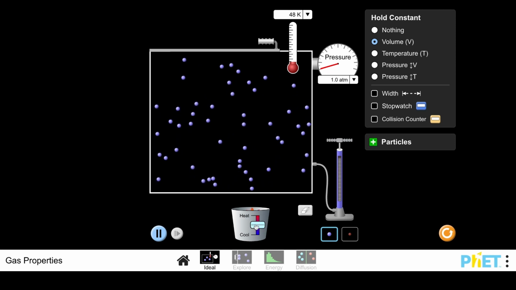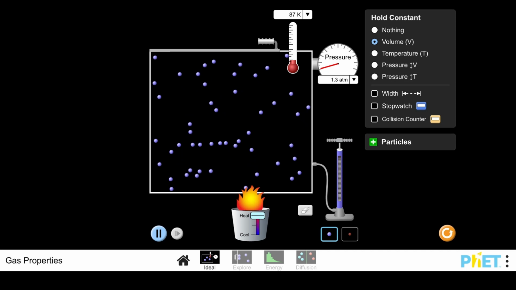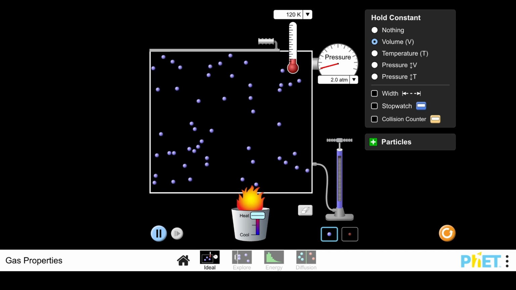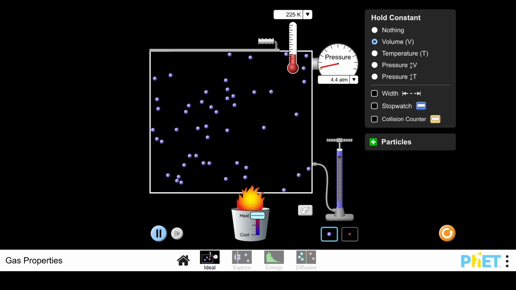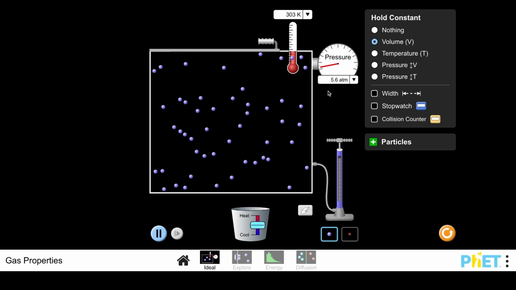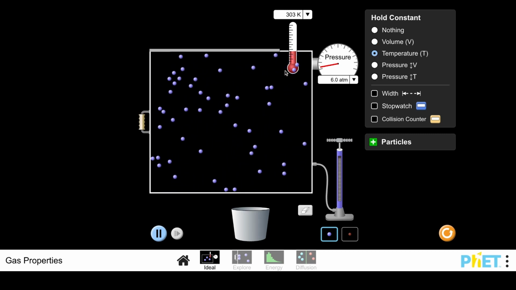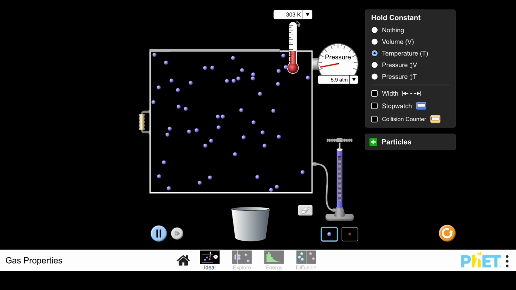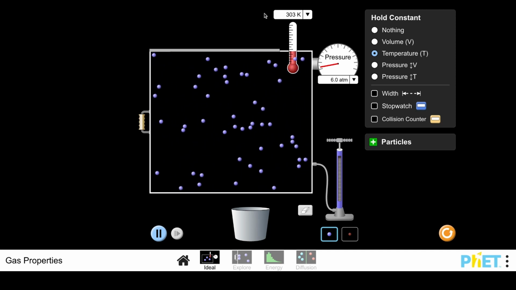So let's restart this experiment. I'm going to go back to 300 Kelvin. And that's good enough. I'm going to hold the temperature constant, so the temperature is always going to stay at 303 Kelvin.